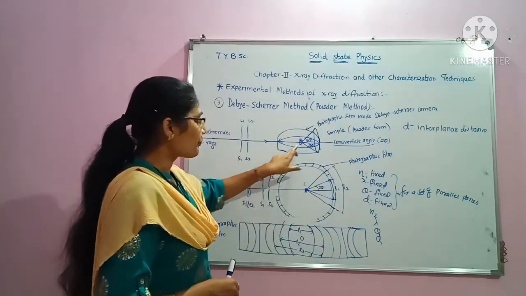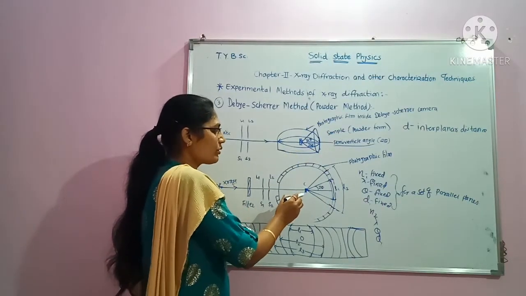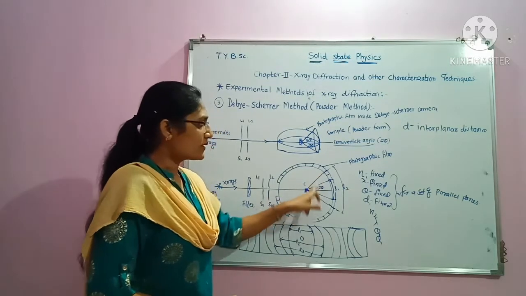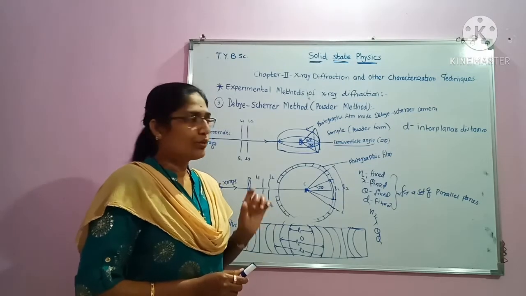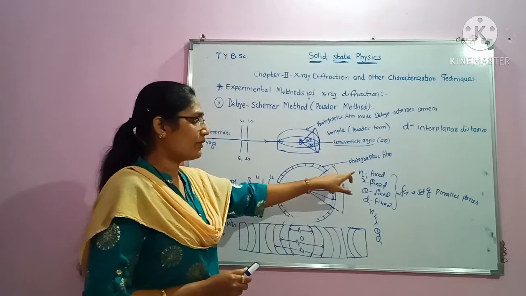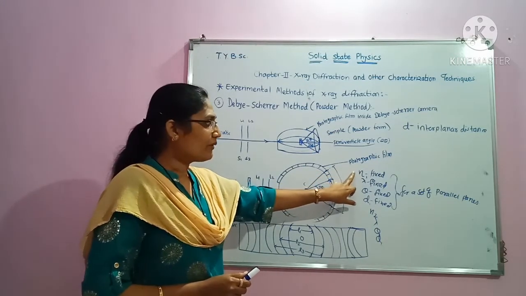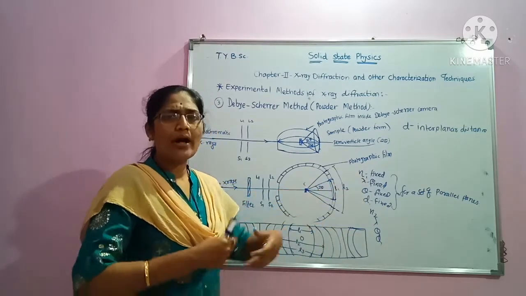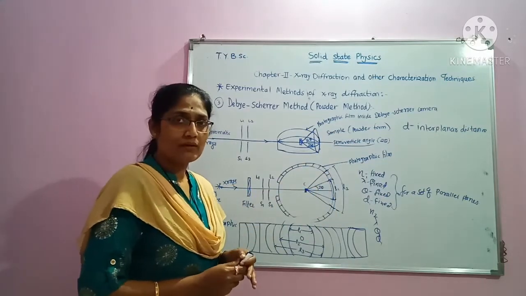And hence it is seen that when the X-rays interact with the powder, a cone is formed. This cone is formed by a single set of parallel planes of order n, and for higher orders n1, n2, such cones are formed.